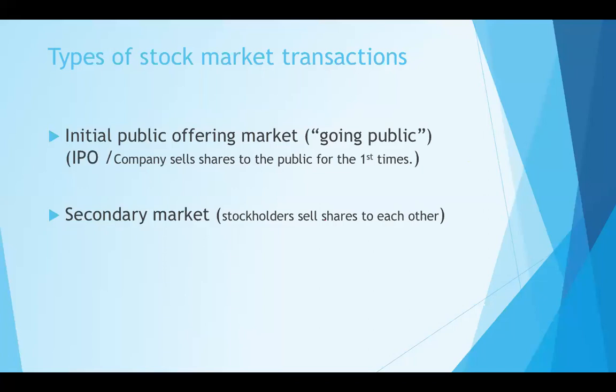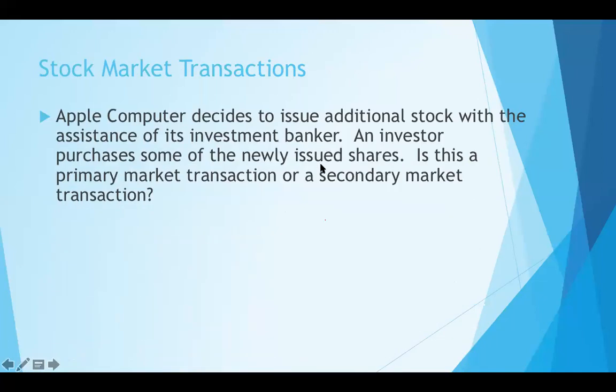I have an easy question. Assume that Apple Computer decided to issue additional stock with the assistance of its investment bankers, and an investor purchased some of the newly issued shares.